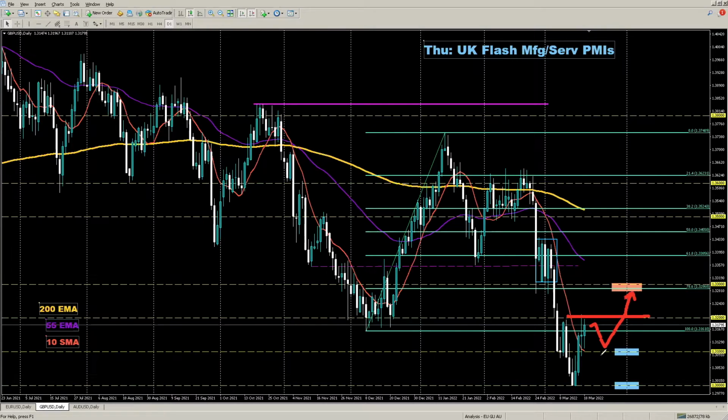Otherwise, there could be some consolidation. And there's no major news as well next week. Across all the economies, it's just the flash PMIs. So this will be a likely target if it can find strong support above the 131 and target the 133 area.